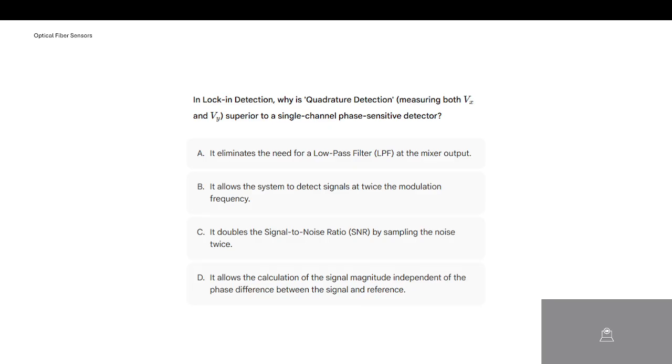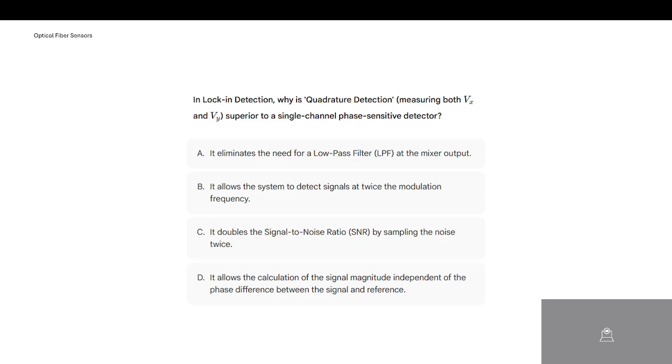Next question. In lock-in detection, why is quadrature detection measuring both Vx and Vy superior to a single channel phase sensitive detector? Option A, it eliminates the need for a low pass filter LPF at the mixer output.